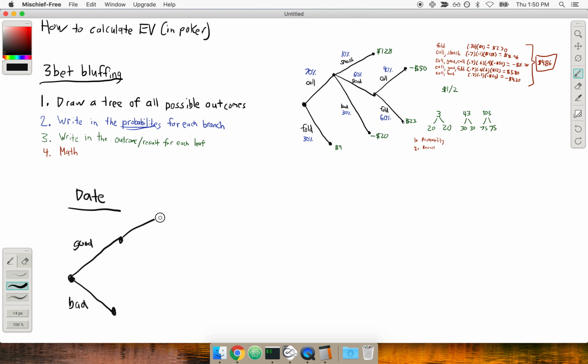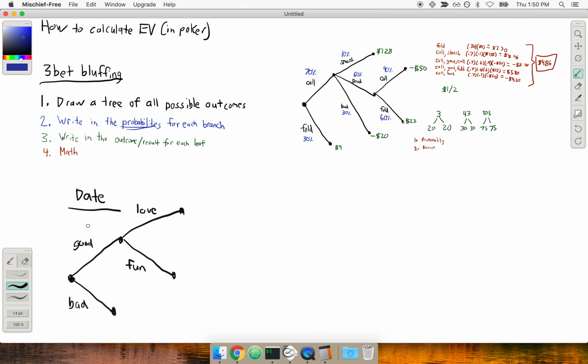And let's just say if it goes good, you could end up falling in love with each other, or you could just have a fun time and you don't see each other again. So, let's actually go through it. Let's have some fun and see what the expected value we get is.